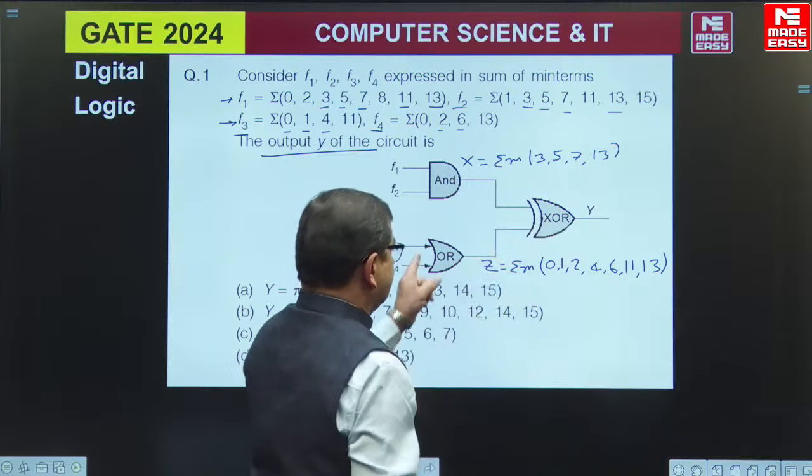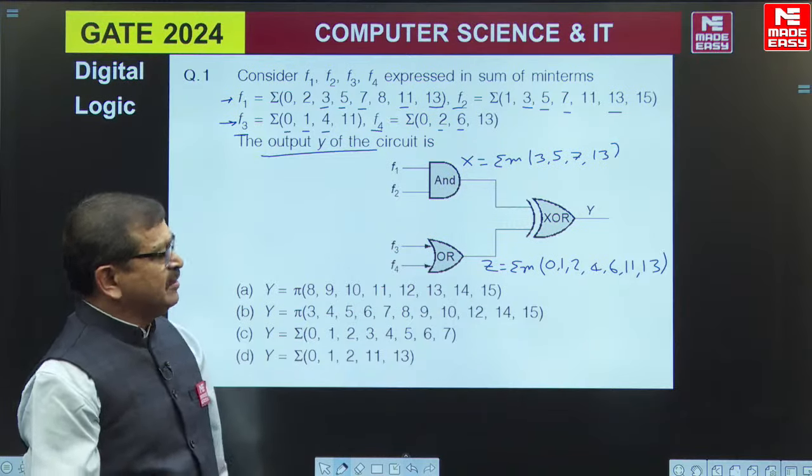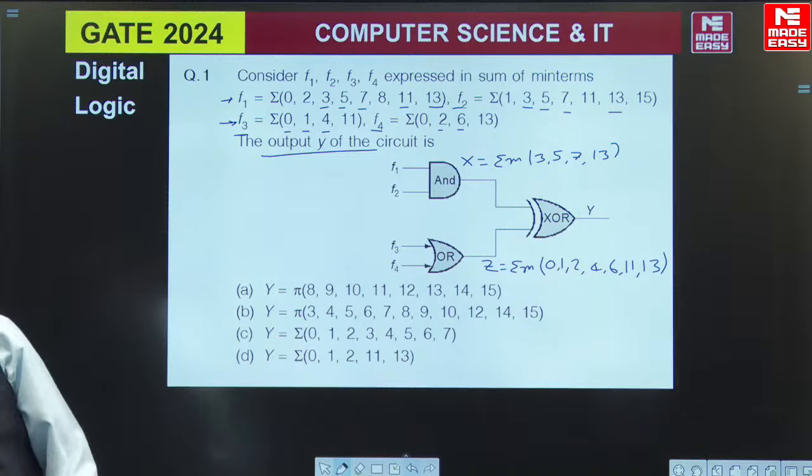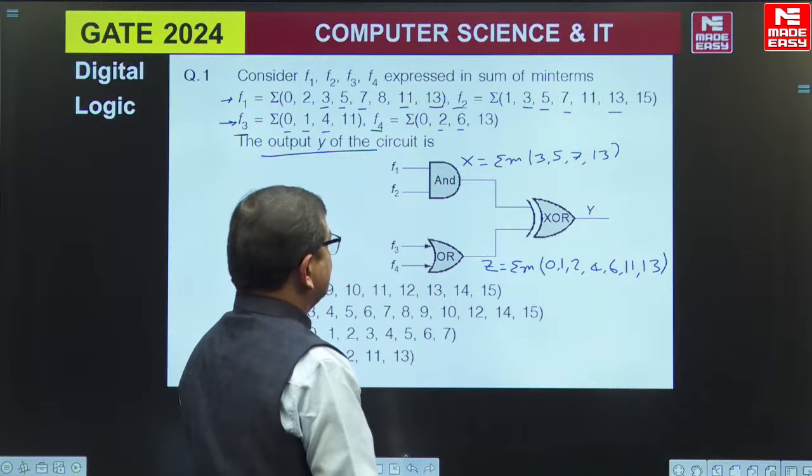So the OR gate output has the minterms 0, 1, 2, 4, 6, 11 and 13.